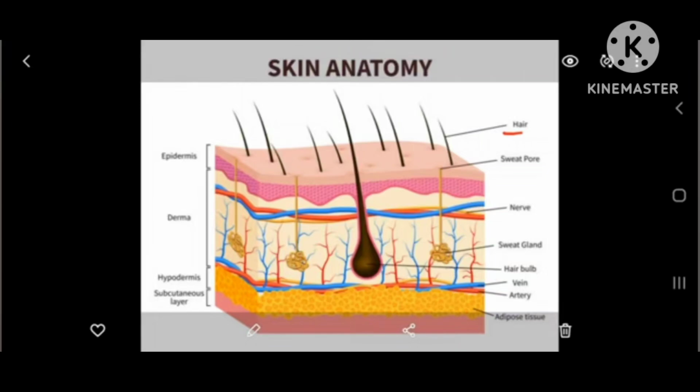First, the hair. As you know, hair is a very important part of our body, as it helps in thermoregulation. How? Let me explain. When hair stands straight, also known as goosebumps, it traps air in between.